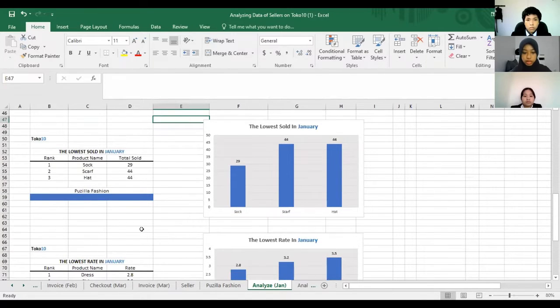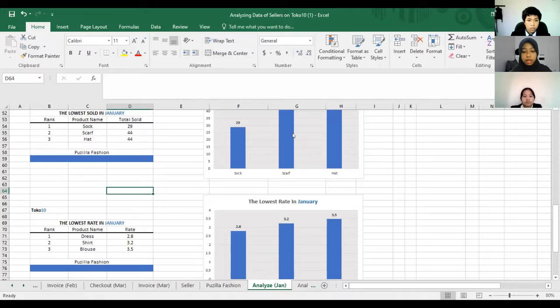The first rank is sold with total sold is 29. The second is scarf with a total sold of 44. And the last is hat with a total sold of 44. And this is the regular graph.